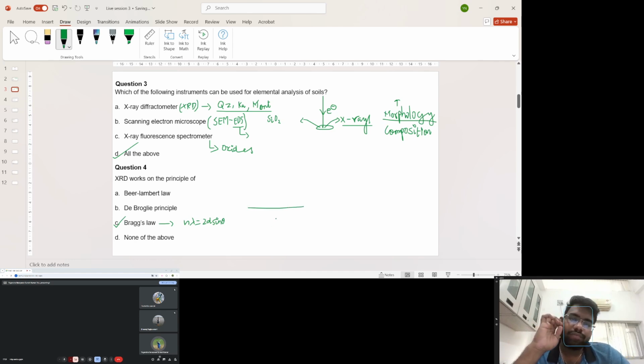If you consider two surfaces which are separated by distance d, and you are passing electromagnetic radiation of a particular wavelength lambda incident at an angle theta, right?